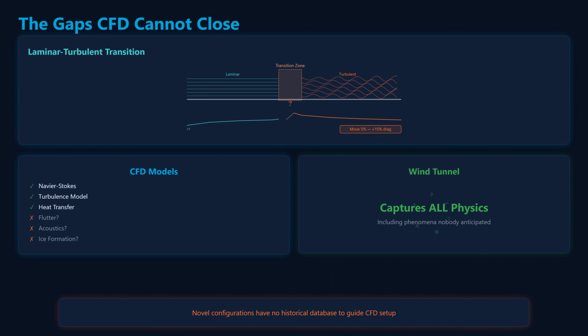Getting transition wrong by a few percent of chord swings drag by 10 to 15%. Second, wind tunnels capture physics you didn't model: aeroelastic flutter, acoustic resonances, condensation shocks. CFD only predicts what you program in. A wind tunnel captures everything, including phenomena nobody anticipated. For novel configurations like blended wing bodies, where we lack historical databases, this matters enormously.